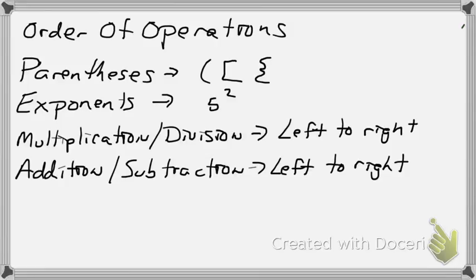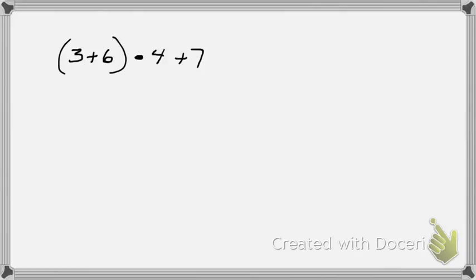We're going to go through a ton of examples, and you'll see what I mean by things going in a precise order. So the first thing we're going to do is the problem 3 plus 6 in parentheses times 4 plus 7. And if we don't have rules, everybody's going to pick different things to do first, and we're all going to come up with a different answer. So the first thing we're going to do is parentheses.